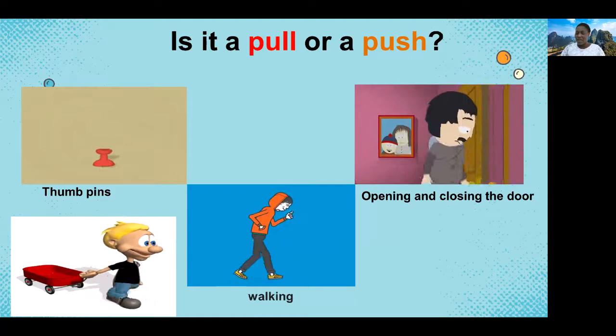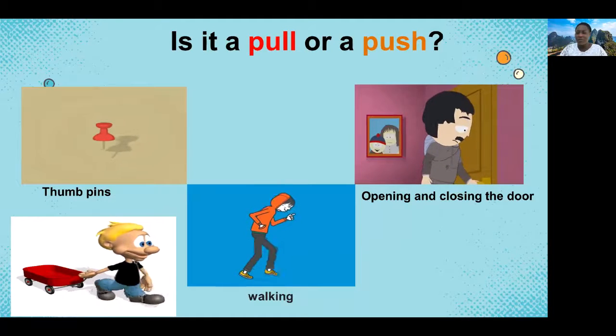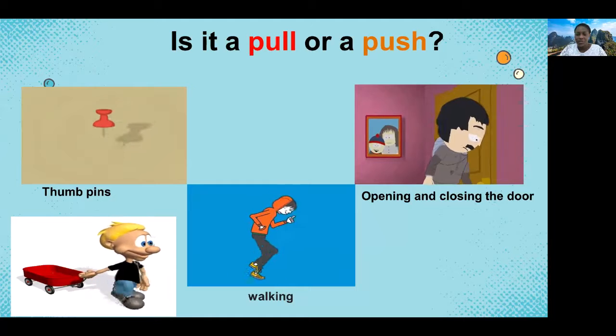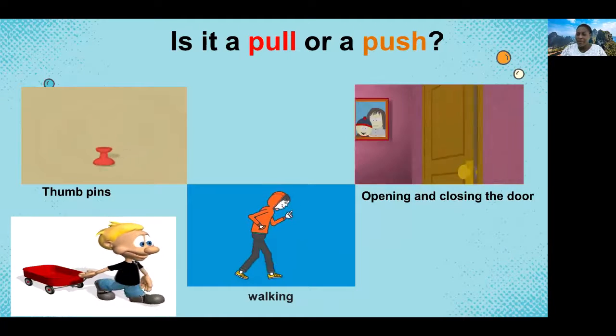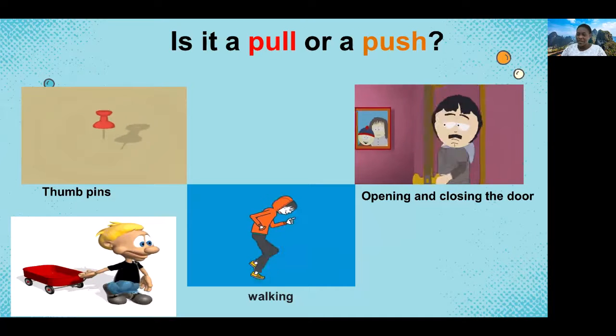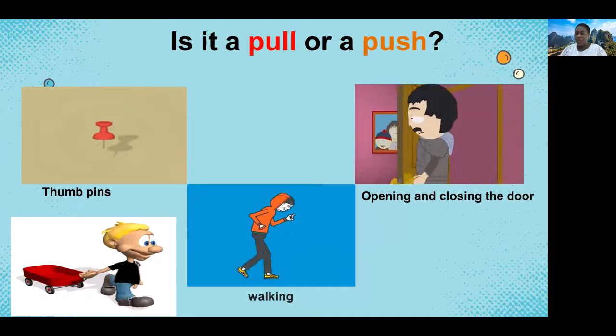Have you ever gone to some shops? It is written at the door, pull. You are supposed to pull the door, then you enter inside. You push, then you close.